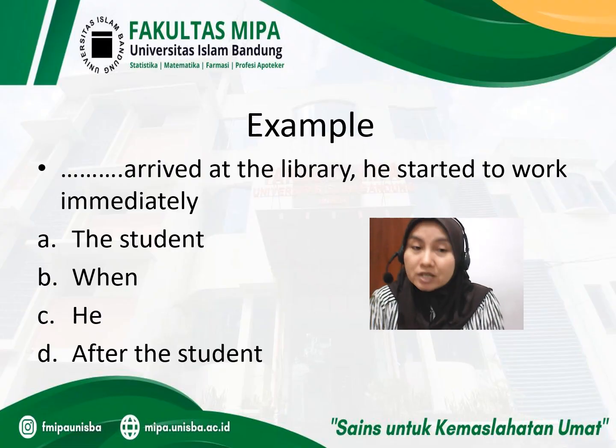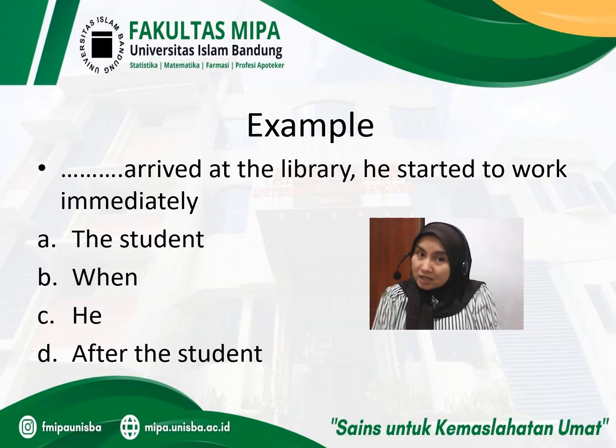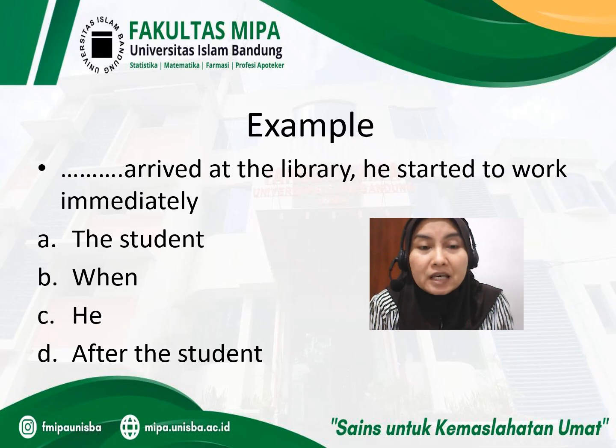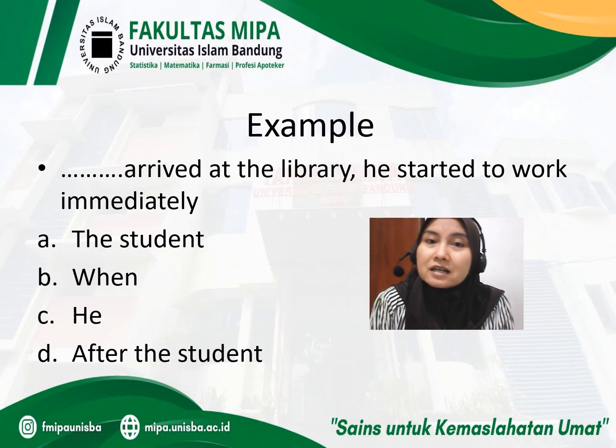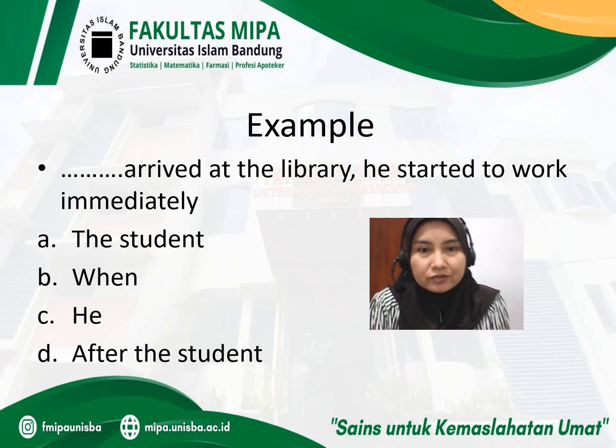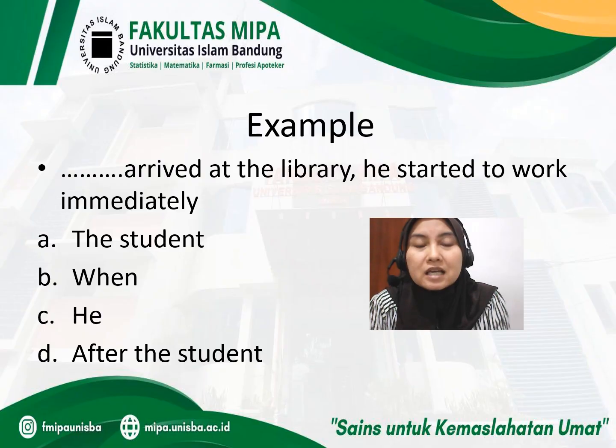Okay, so let's see option A. The student can be a subject, but we still need a conjunction to connect both complete clauses. Option B, when. When is like a conjunction, but we still need a subject, so it is not enough to complete the sentence. Option C is he.